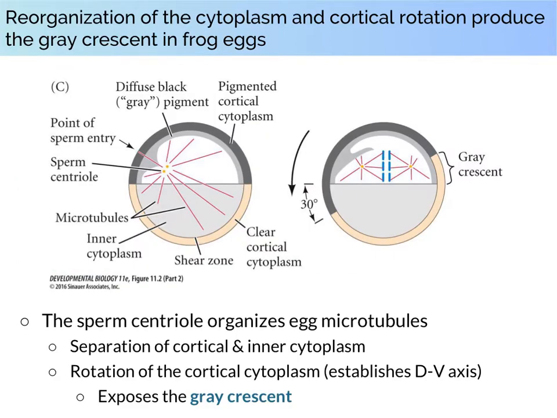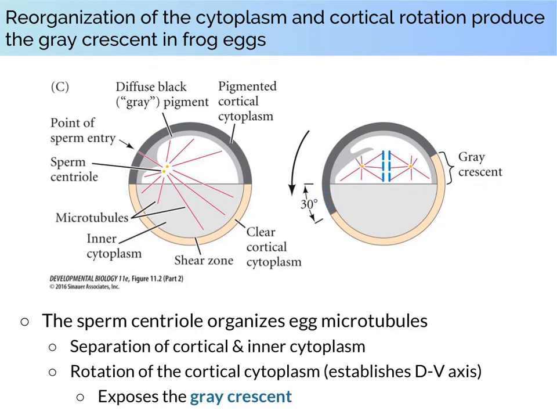As a consequence of the rearrangement of the microtubules, the outer cortical cytoplasm is able to move independently of the inner yolky cytoplasm. And in this way, the microtubules allow for the rotation of the cortical cytoplasm relative to the inner cytoplasm, and that's a rotation of about 30 degrees.